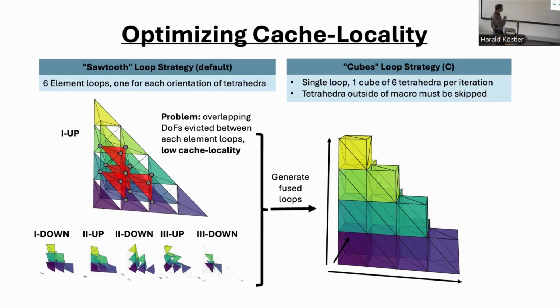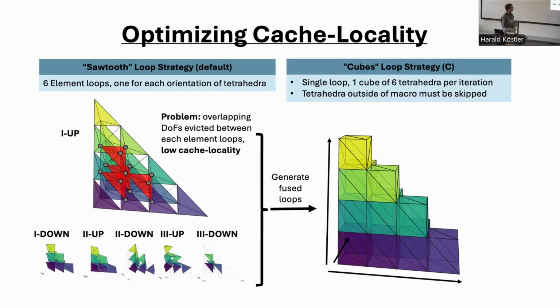This was because they were consecutive in memory. And we fused that now using code generation into basically the right variant to do it not in this way, directly working on the tetrahedra, but working on cubes.